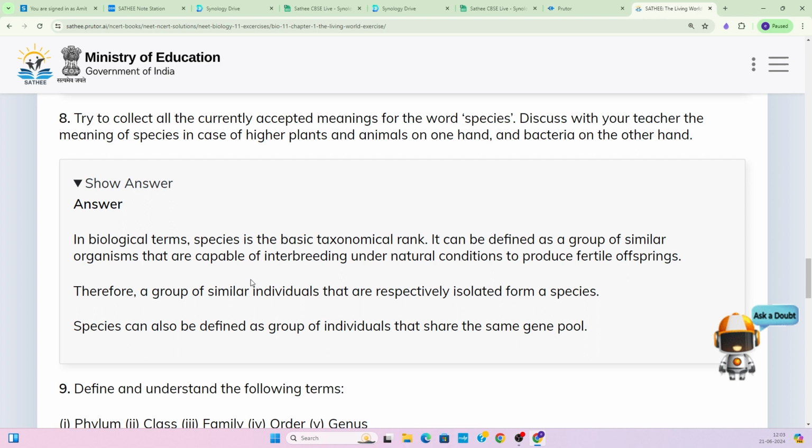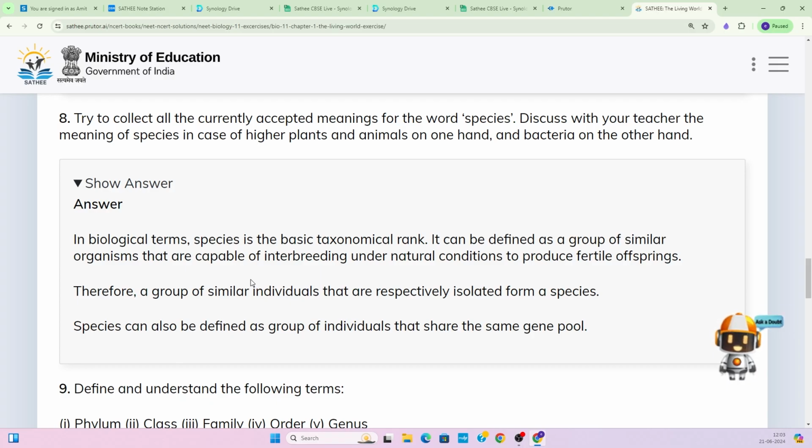So in biological terms, the species is the basic taxonomical rank. This is the basic one, the lowest taxonomical rank in the hierarchical taxonomic categories. It can be defined as a group of similar organisms that are capable of interbreeding under natural conditions and produce fertile offspring. Very, very important.